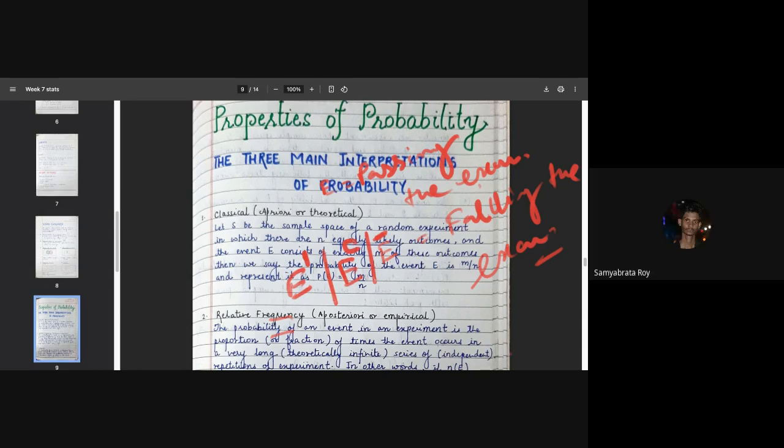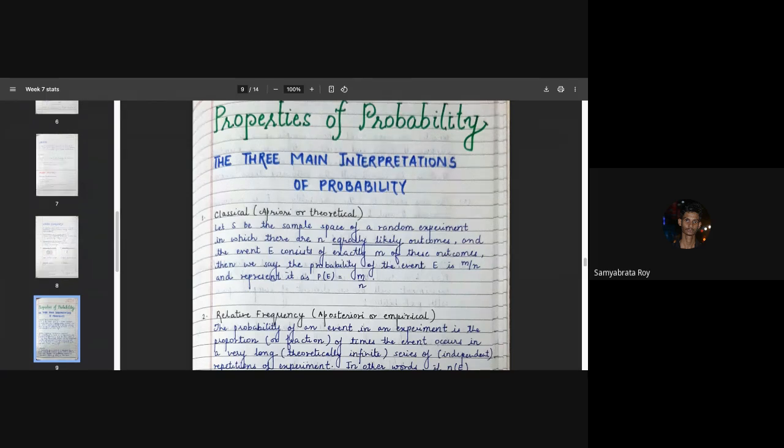Now we'll be talking about the definition of probability, which is the basic definition, classical probability. Suppose S is the sample space of a random experiment, and I have taken an event E. Here I have to take a few assumptions.